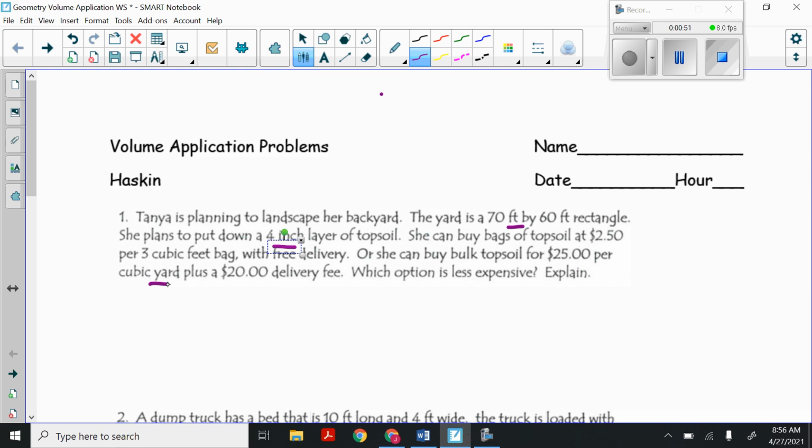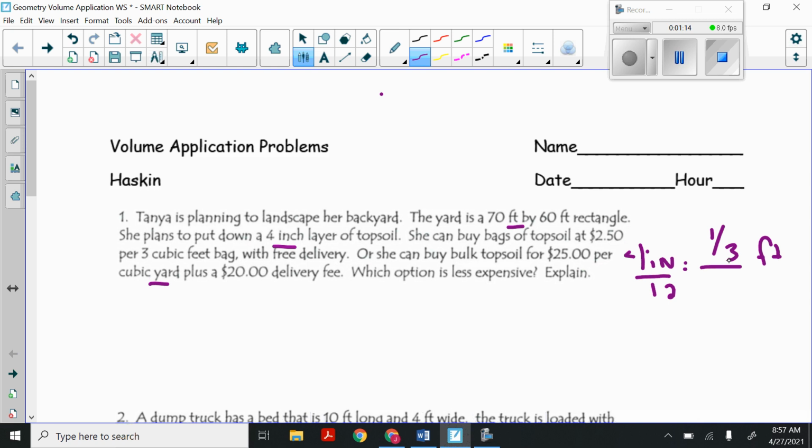So I know that I need to find the volume in cubic feet and then in cubic yards. The very first thing that we want to do is change this 4 inches into feet. We know that there are 12 inches in a foot, so 4 divided by 12 gets us 1/3 of a foot.